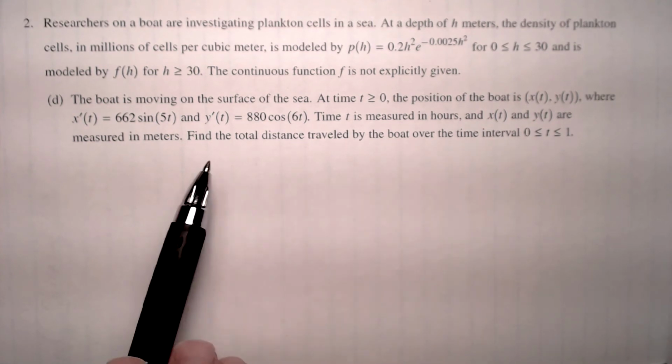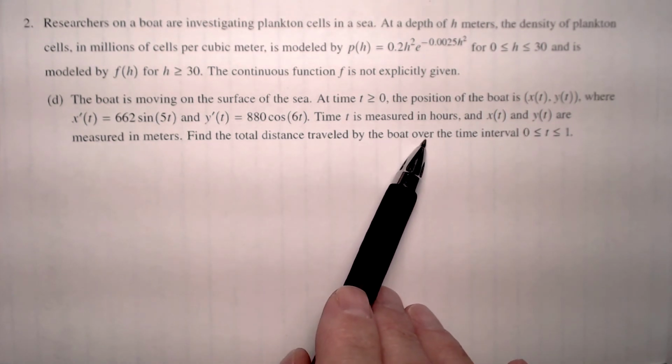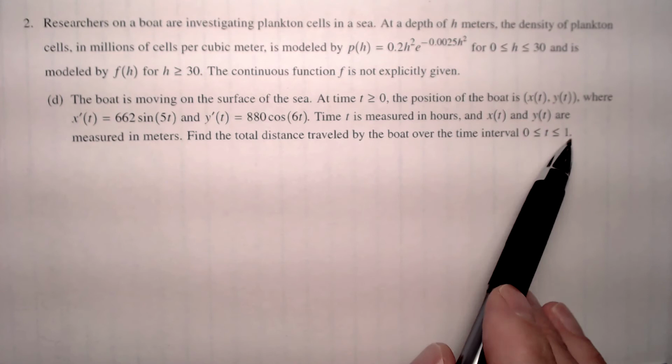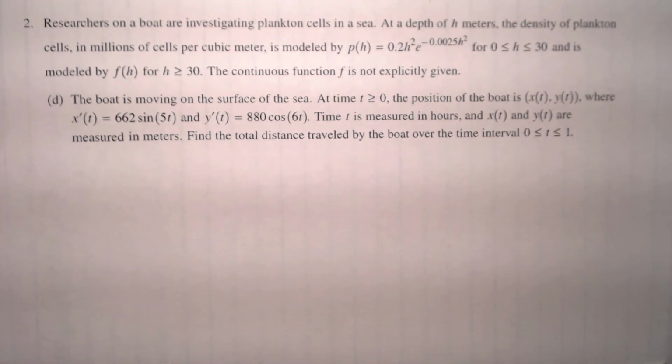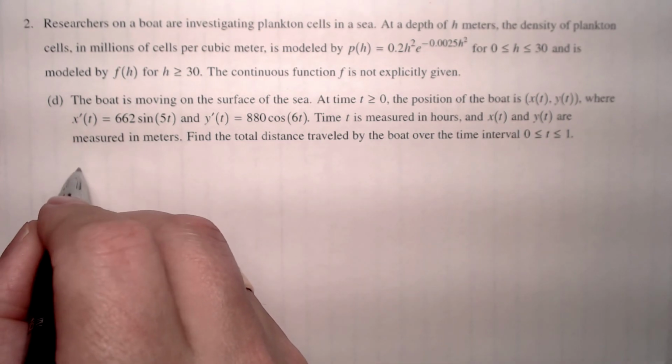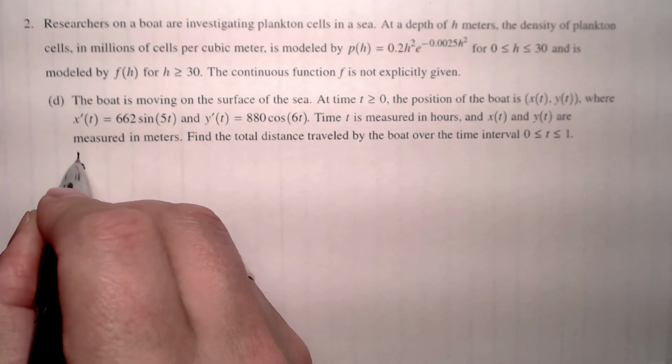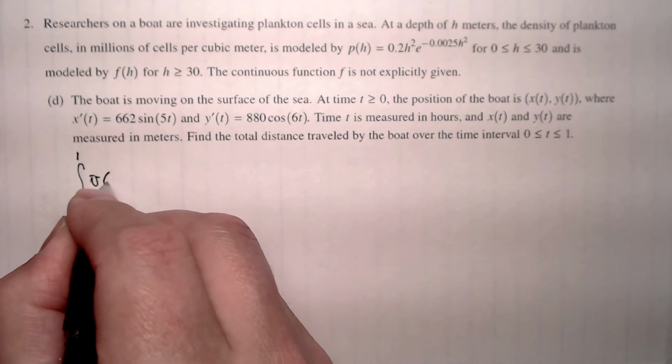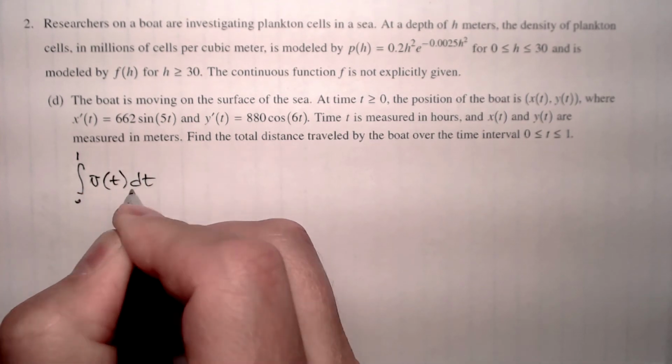And then we have to find the total distance traveled by the board over this time interval 0 to 1. And so what is this expression? We need to find the integral from 0 to 1 of v of t, the velocity of this board, dt.